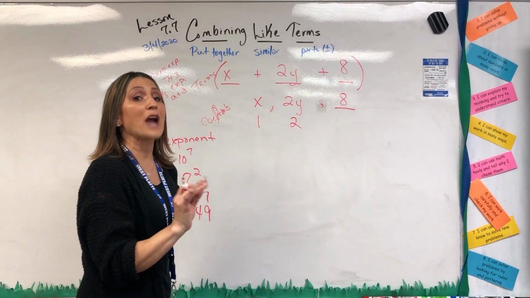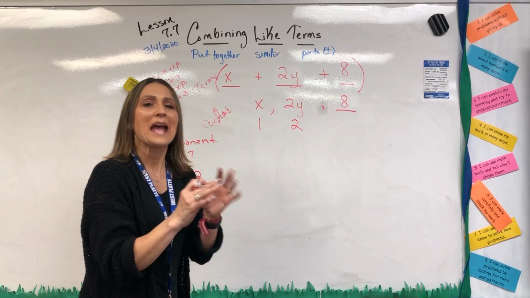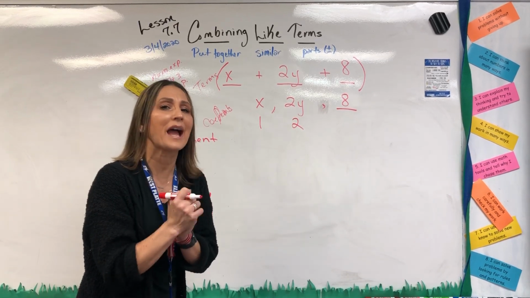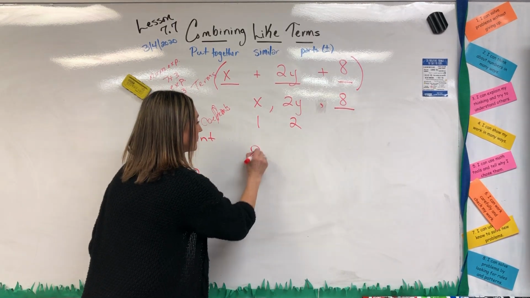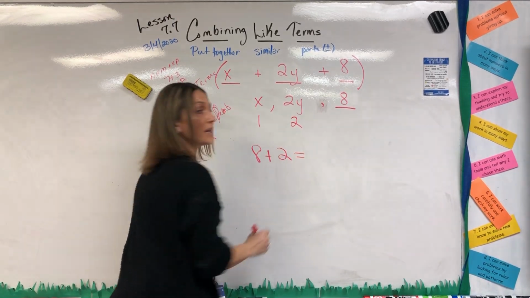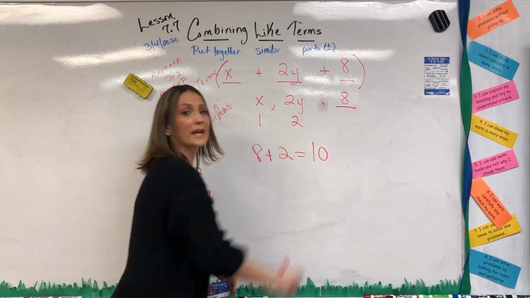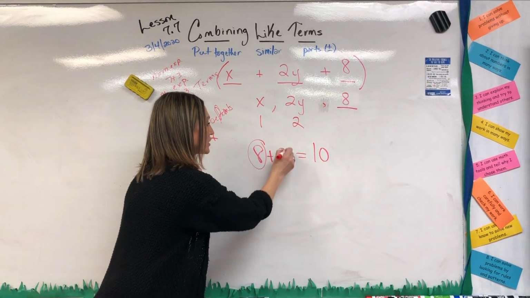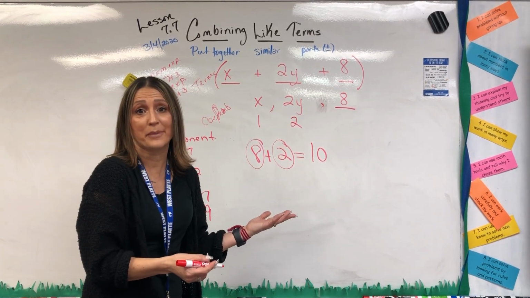Your students have actually been combining like terms ever since they entered school. If you ask your students what that is, they're going to tell you it's 10. There's a term, there's a term, they put them together. Those terms just happen to both be numbers.